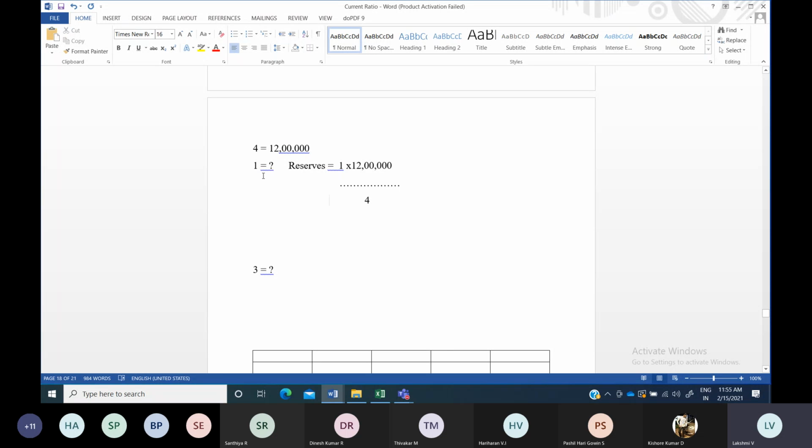So how we calculated: this 1 into this 12 lakh divided by 4. If I do, I can find out my reserves amount. Okay. So like this only I have to calculate. So our reserves amount will be actually rupees 3 lakh. So reserves amount is 3 lakh.